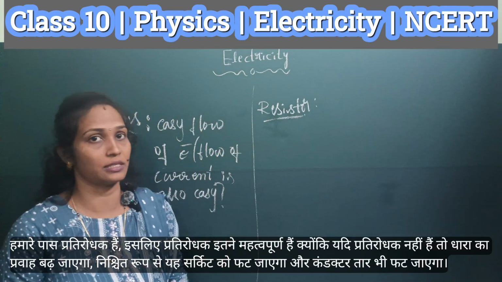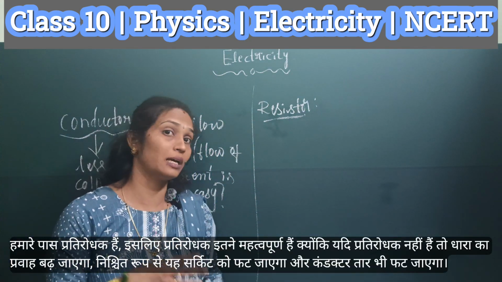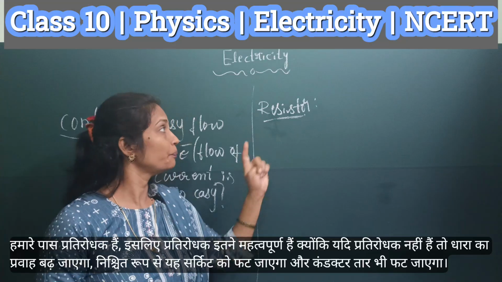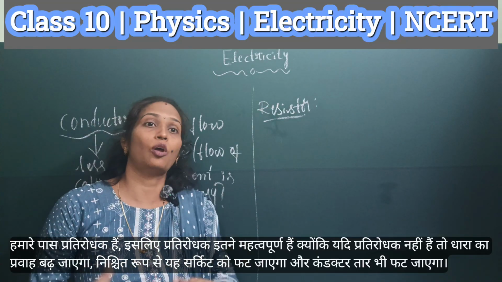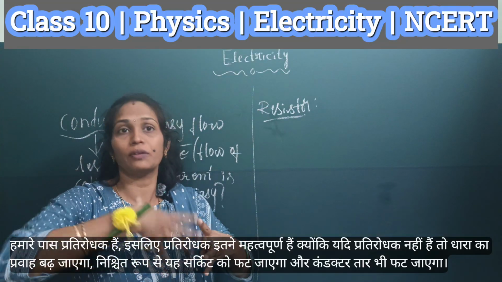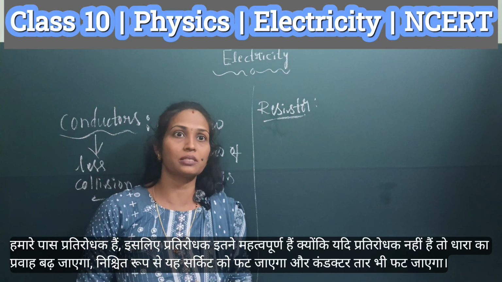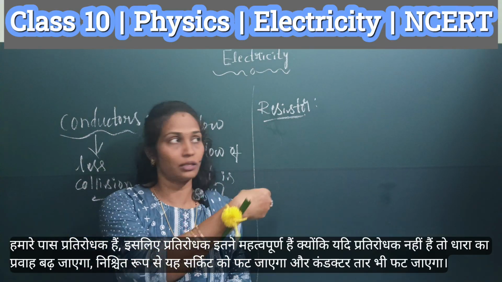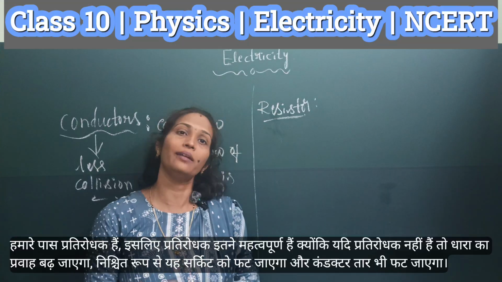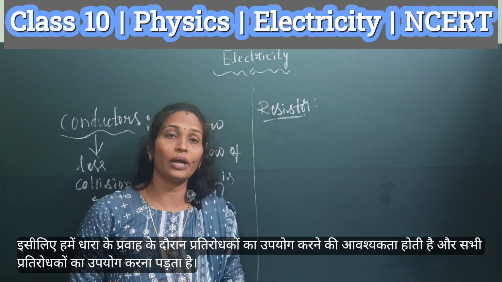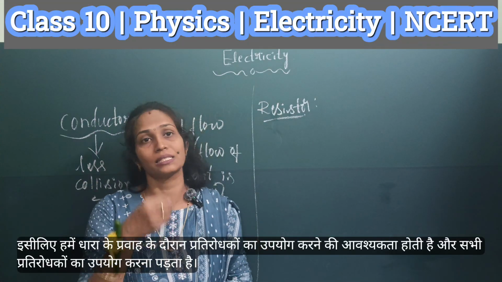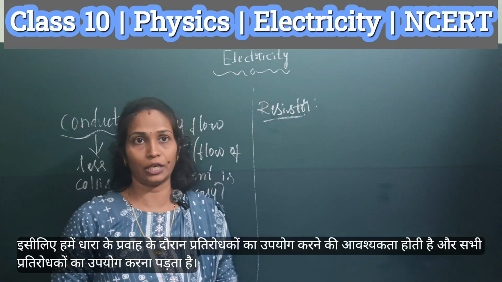Why are resistors so important? Because if resistors are not there and the flow of current increases, it will burst the circuit, and the conducting wire will also burst. That's why we need to use resistors during the flow of current.